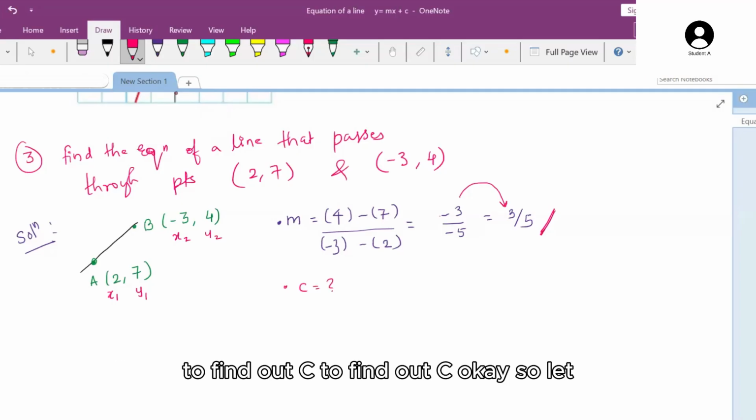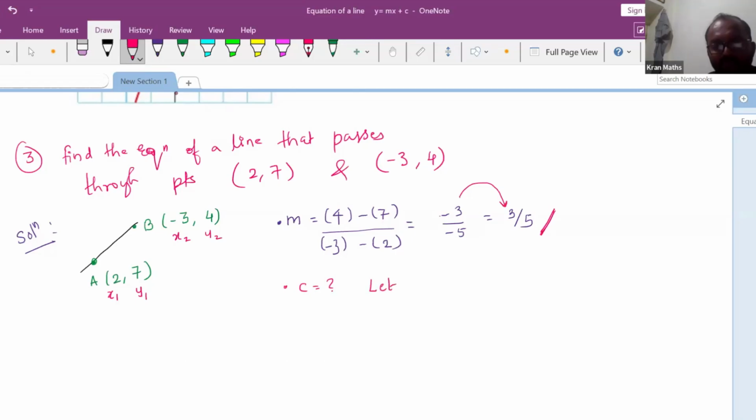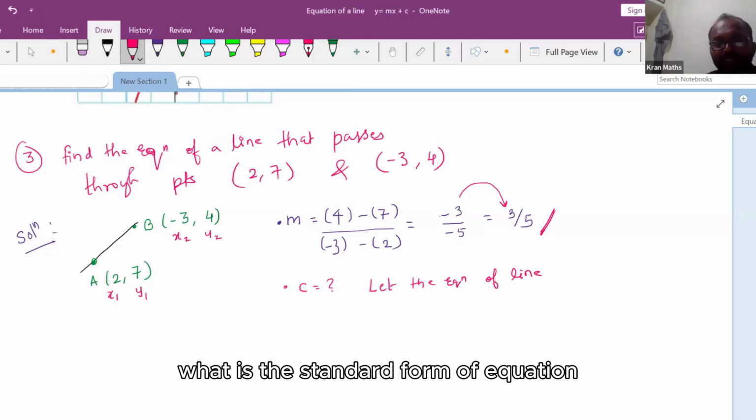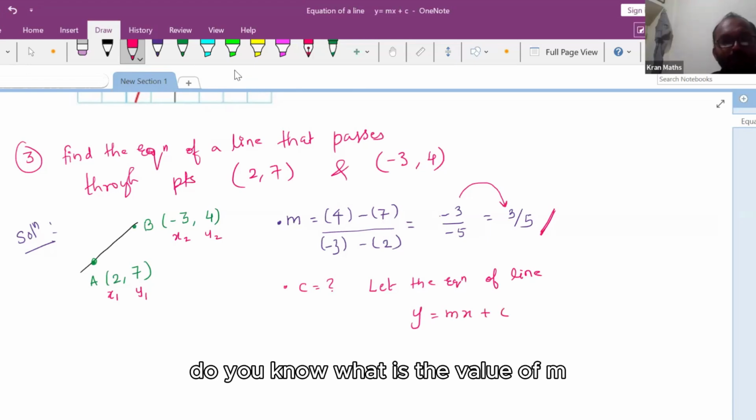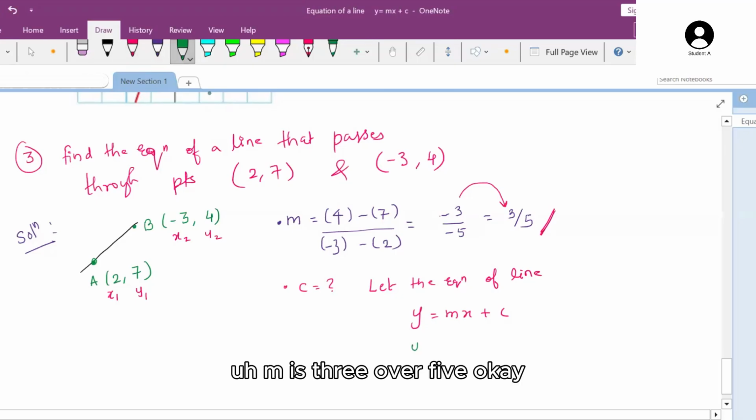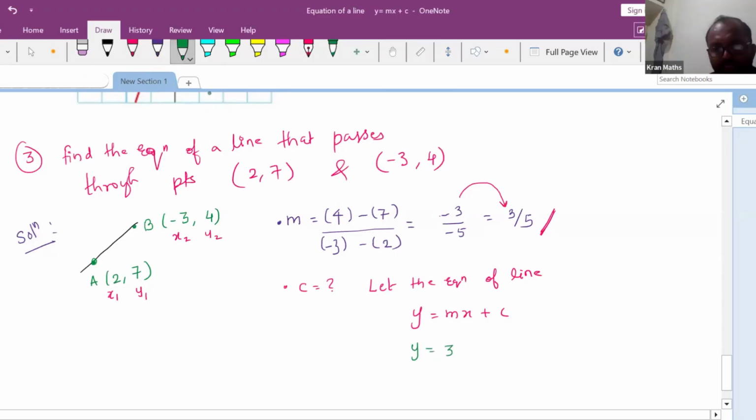To find out c. What is the standard form of the equation of a line? y equals mx plus c. Do you know what is the value of m? m is 3 over 5.